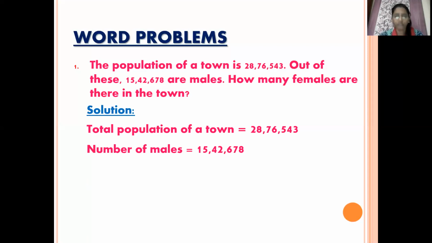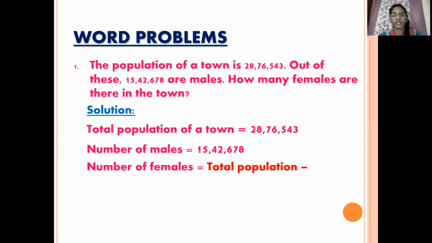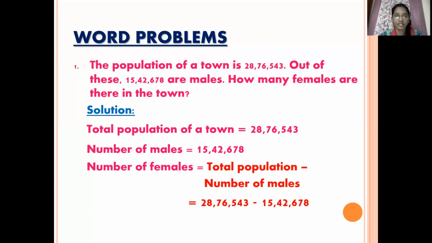Now, to find the number of females, total population minus number of males, that is equal to 28,76,543 minus 15,42,678. Now let's start subtracting these two large numbers.